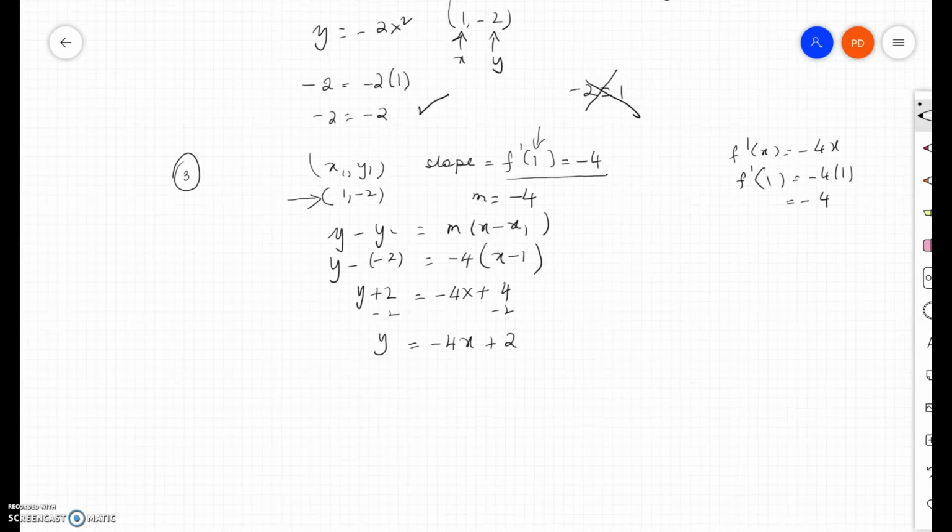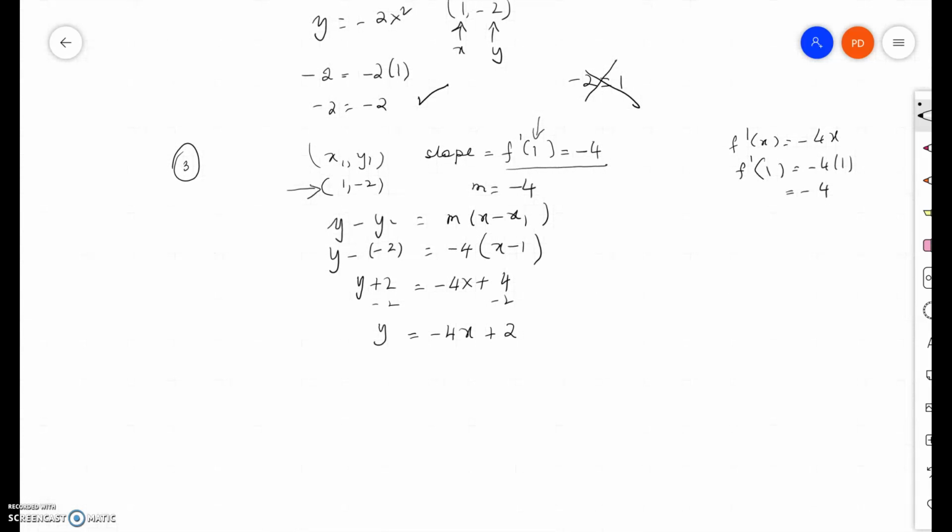And if we had to sketch the graph of the function y equals -2x squared, remember the graph is reflected. So first of all, we can sketch y equals 2x squared. Let's just start with the graph of y equals x squared.